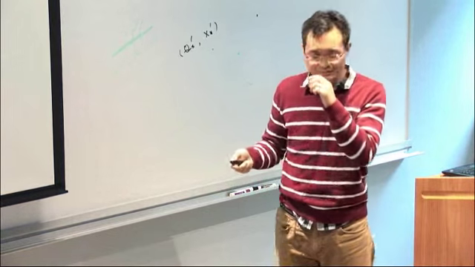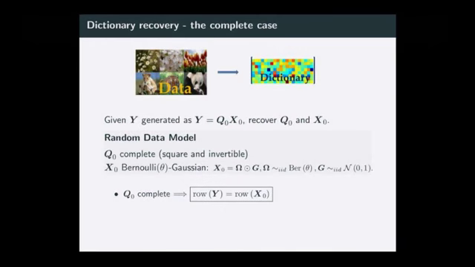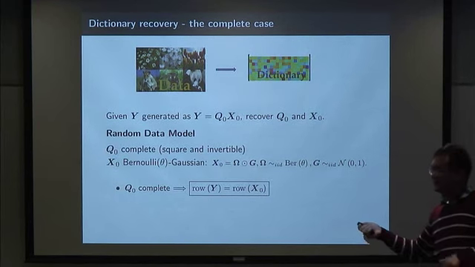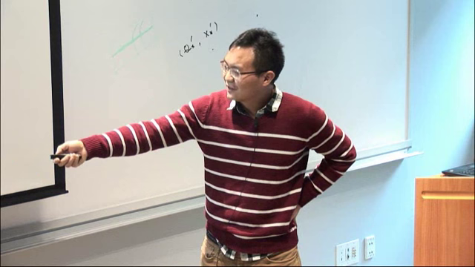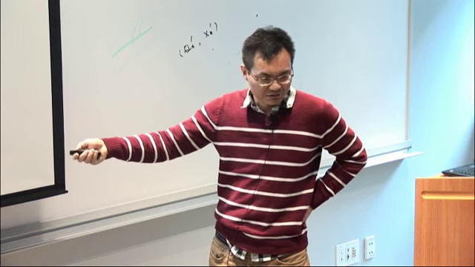That's the problem. One interesting observation when you make this restriction is that if the dictionary is complete, by linear algebra the row space of Y is the same as the row space of X0.